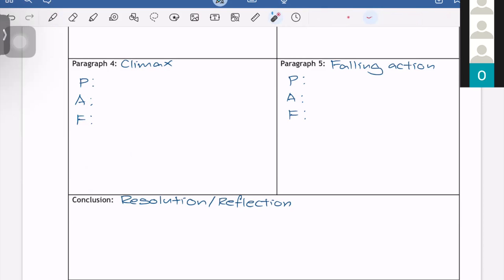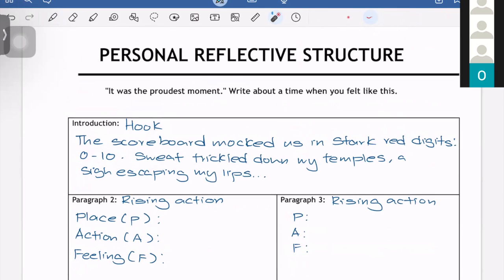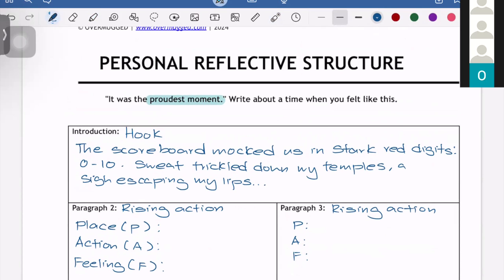For personal reflective, I need you to remember another thing. This is your keyword for this question. There's always a keyword you should focus on. I call this answer the question. So ATQ.